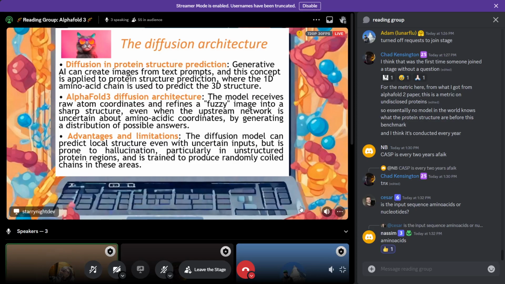Okay, it has hallucinations. This was something that Google DeepMind scientists encountered, specifically in what are called unstructured protein regions. These are regions that, in the actual biological structure in the cell, do not have a defined three-dimensional structure, so you can't get out something that is defined.